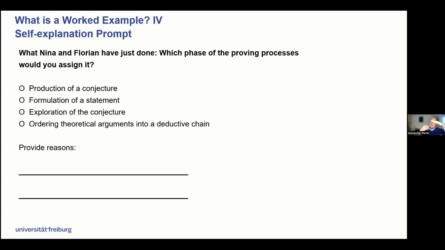After some sections of this very long worked-out example, all the students who are intended to learn about proof finding and generating proof ideas are asked: what Nina and Florian have just done, which phase of the proving process would you assign it to? Then they were introduced to several moves that you can make in this endeavor to find the proof, and they should provide reasons for that.